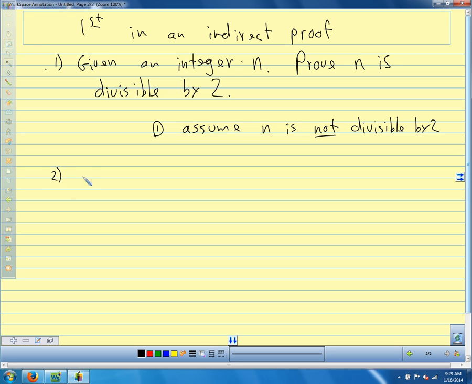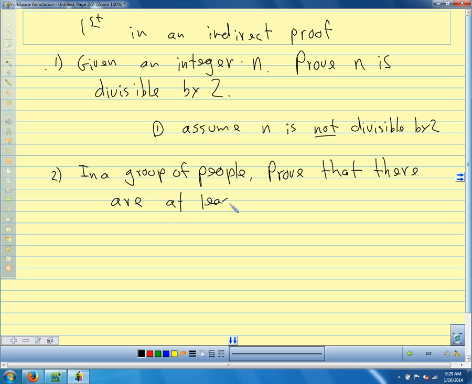This one, let's say we have a bunch of people, and we want to prove that in a group of people there are at least 16 right-handed people.